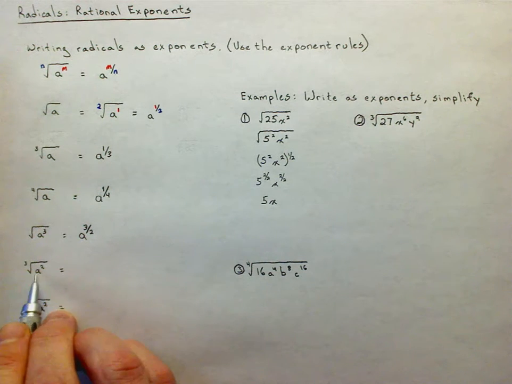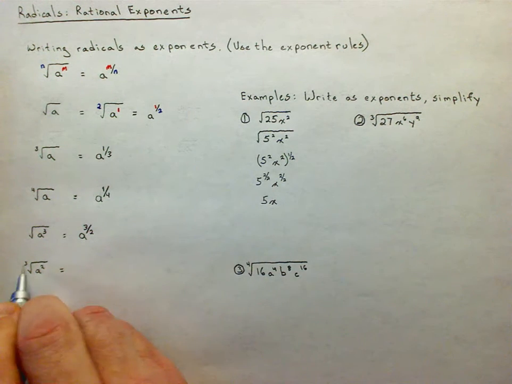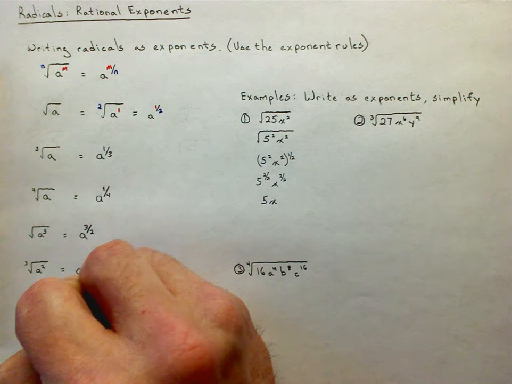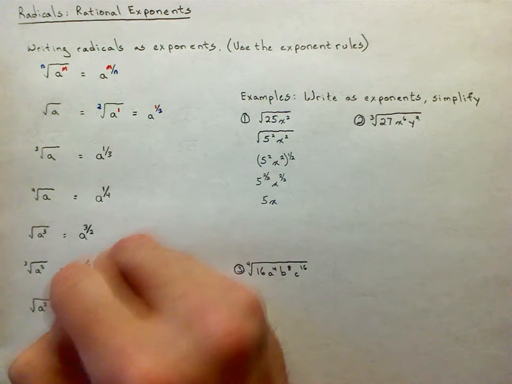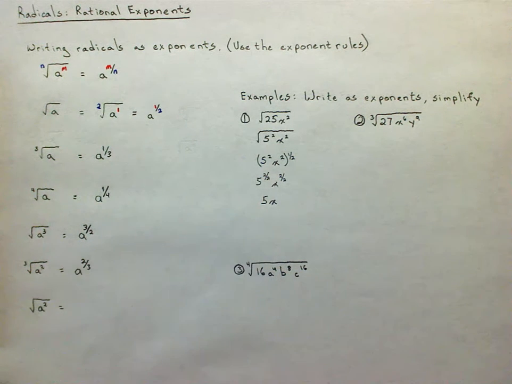I have the cube root of a squared. My root index is the denominator. The power of my radicand is the numerator, a to the 2/3. And this right here, we've already simplified a problem like this. The square root of something squared is simply that something. So the square root of a squared is a.